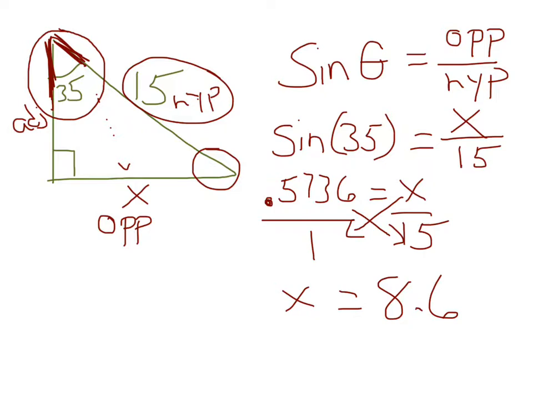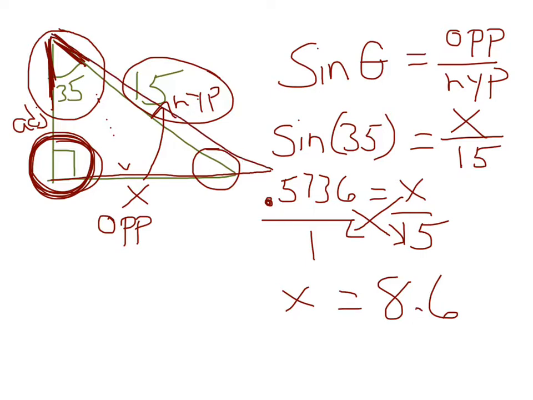Now, I say that very specifically as the required length because it is required to be 8.6 in order to have the correct ratio with our hypotenuse so that our triangle remains a right triangle, so that this can remain 90 degrees. If this side were longer than 8.6 and extended further, then in order to make this a right triangle, we would not be able to keep this a 35-degree angle.